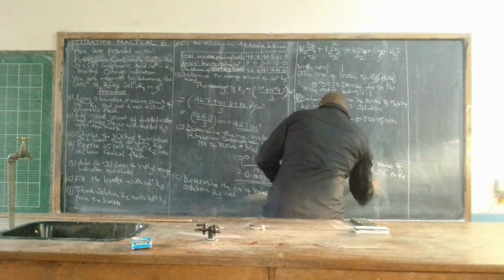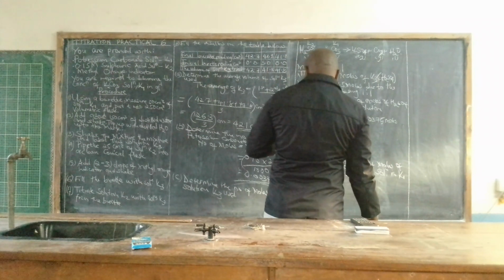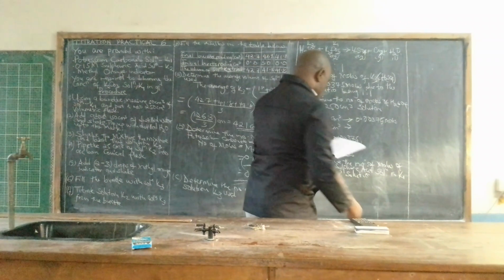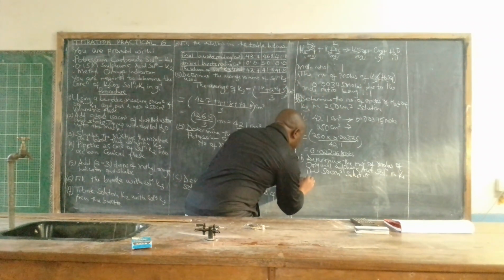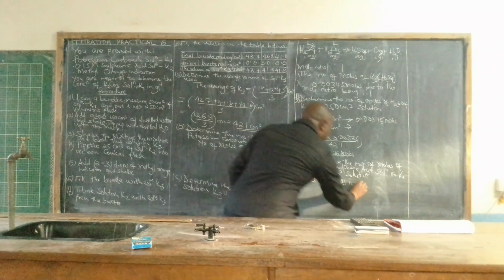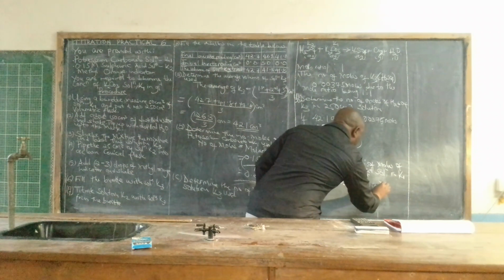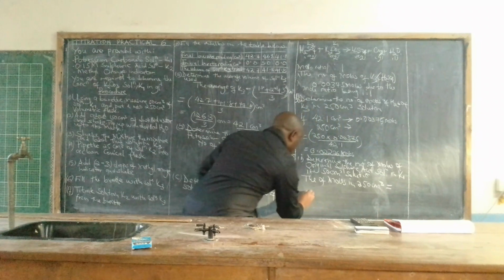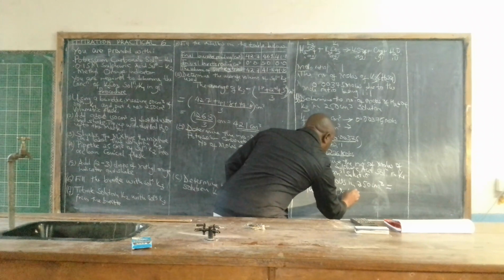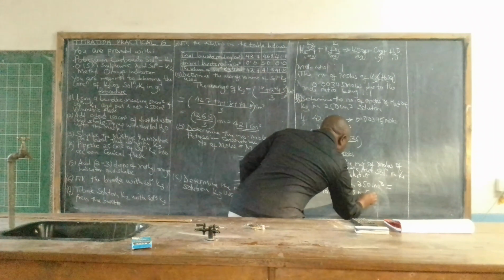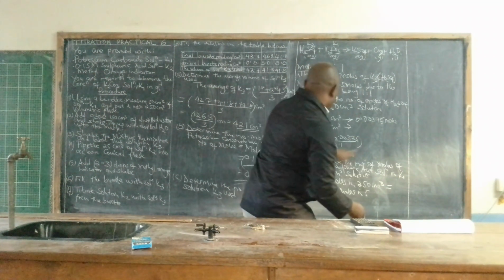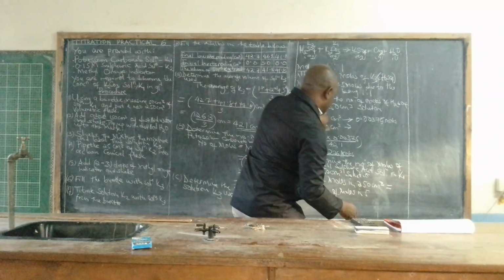Very simple. We are just going to take the number of moles in 250 cubic centimeters, which is equal to the number of moles in 50 cubic centimeters solution. They are the same.